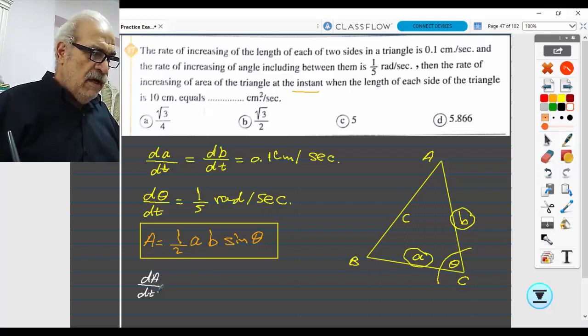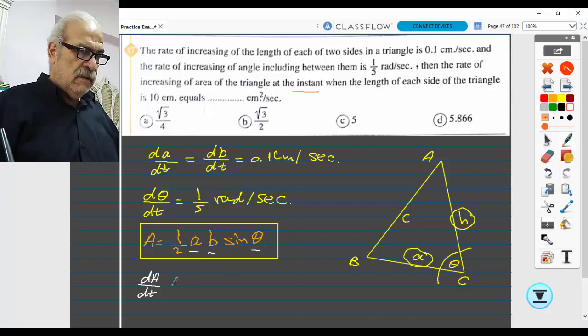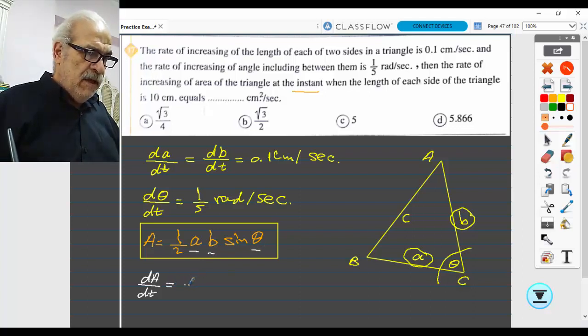So here we have three variables, A, B, and theta. So dA/dt equals half. Here is the derivative of the variables with respect to the time.